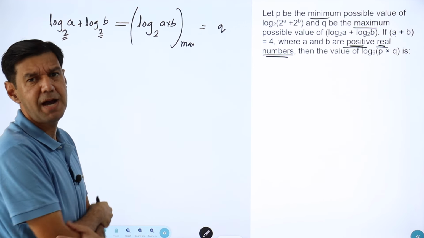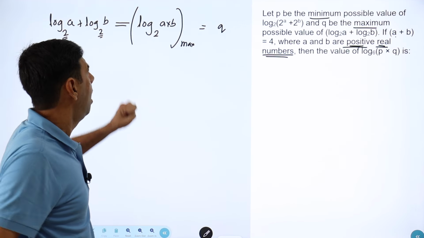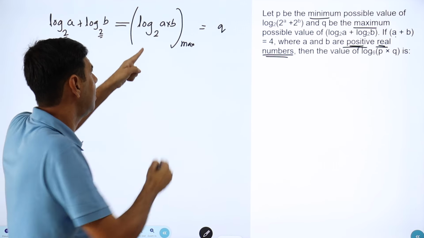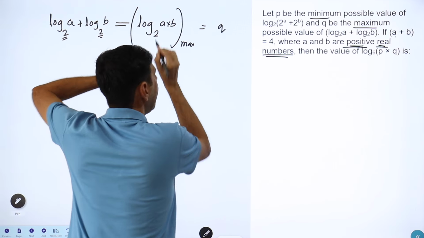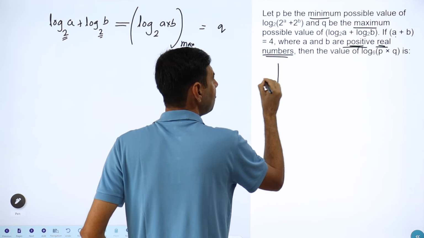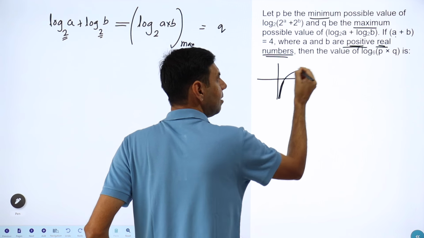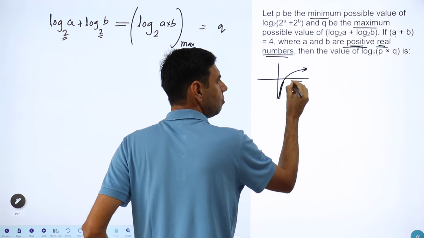Now, when will this be maximum? It's intuitive, but even if you want a detailed theory for it, the base is 2. The graph of a log is this way, right? So when does the graph become higher up? When you go to the right.